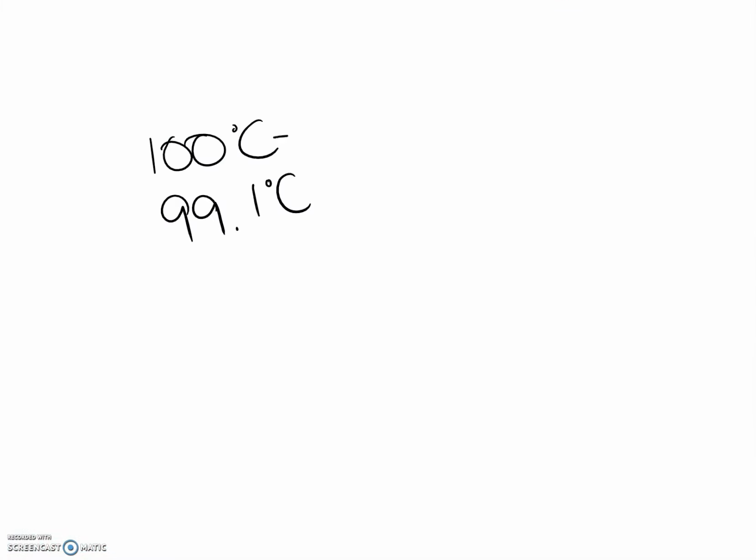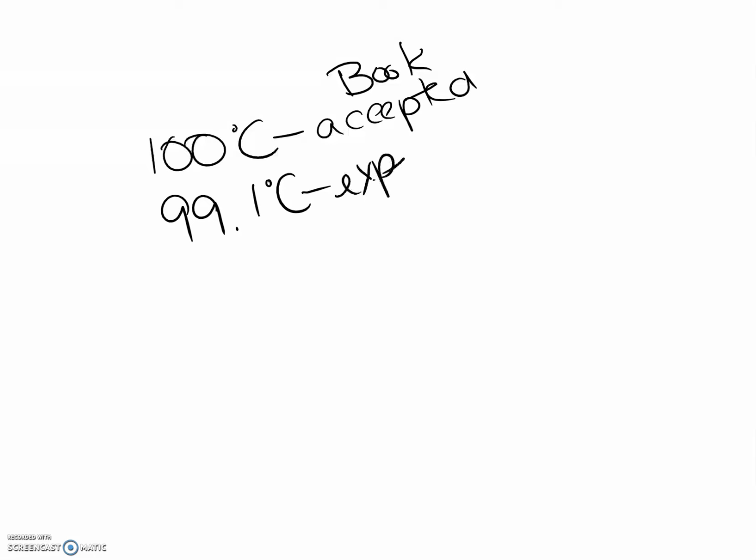So once again, 100 is our accepted value because you're going to find this one in a book, whereas our 99.1 is our experimental because that's the one you found in your lab.